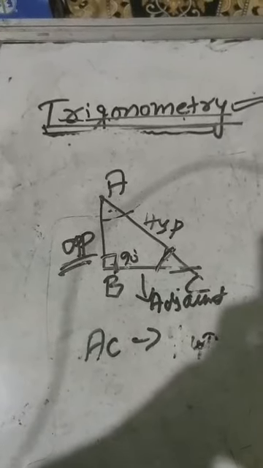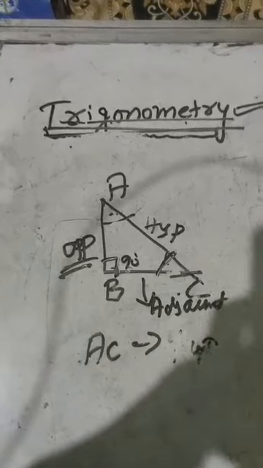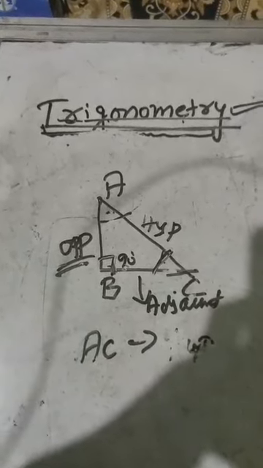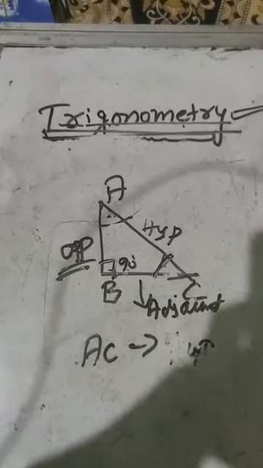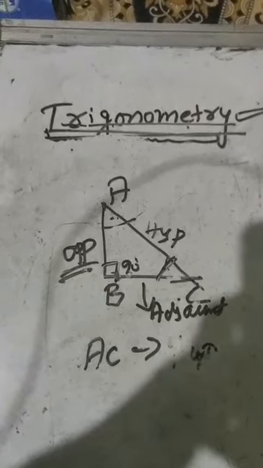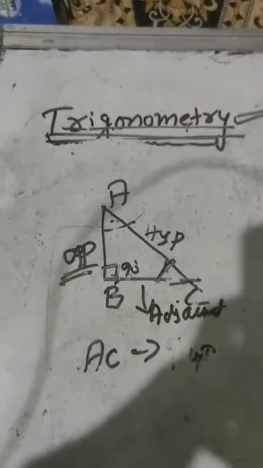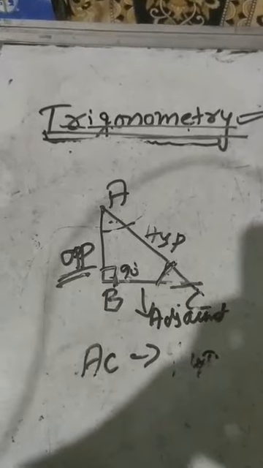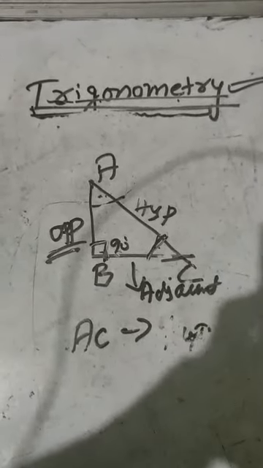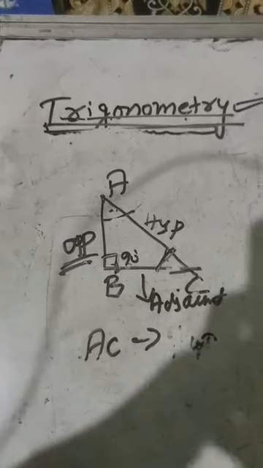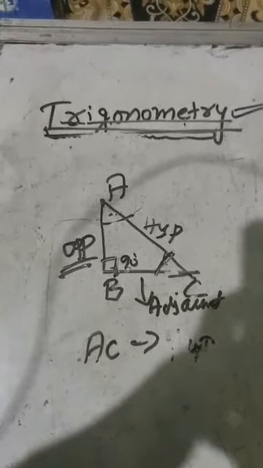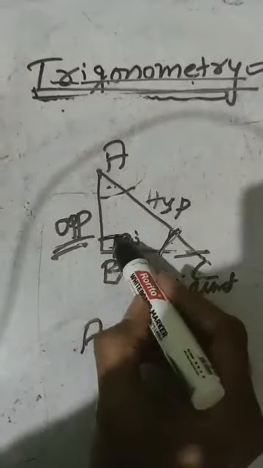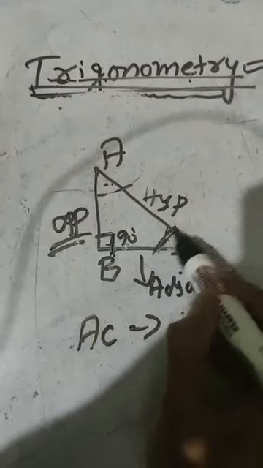Hypotenuse depends on the right angle: the side opposite to the right angle is called the hypotenuse. Opposite depends on the marked angle, and adjacent is the side containing both the right angle and the marked angle.